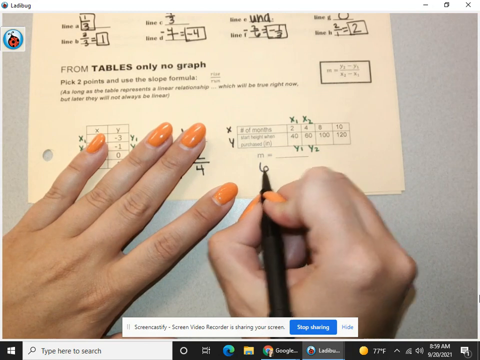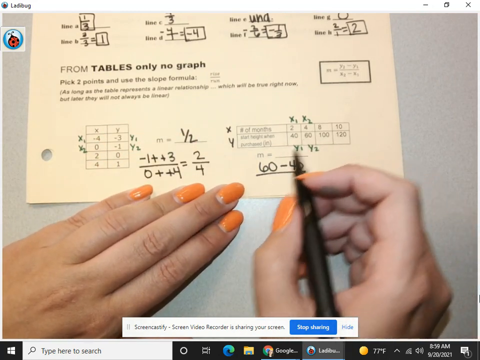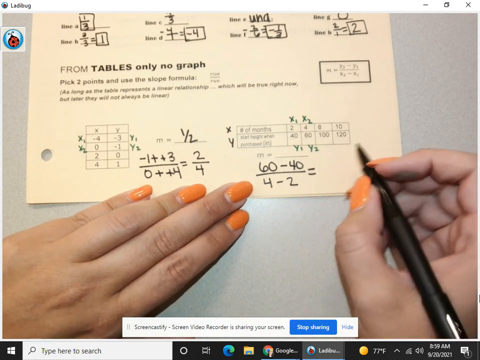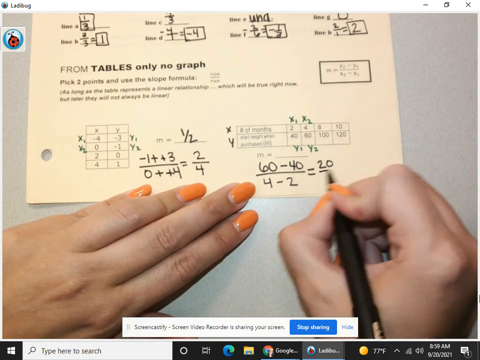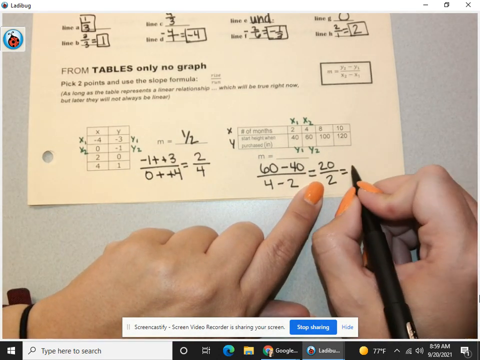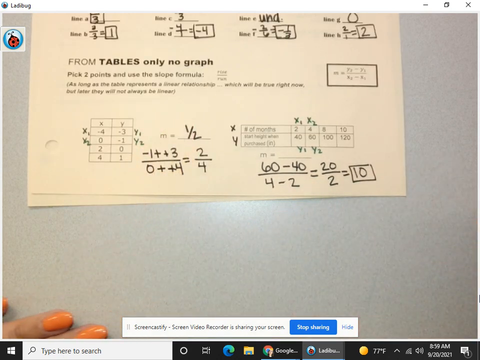So I've got 60 minus 40 over 4 minus 2. 60 minus 40 is? 4 minus 2 is? Reduce that? No. 10. Or just 10? Okay. Are there any questions with slopes from a table?